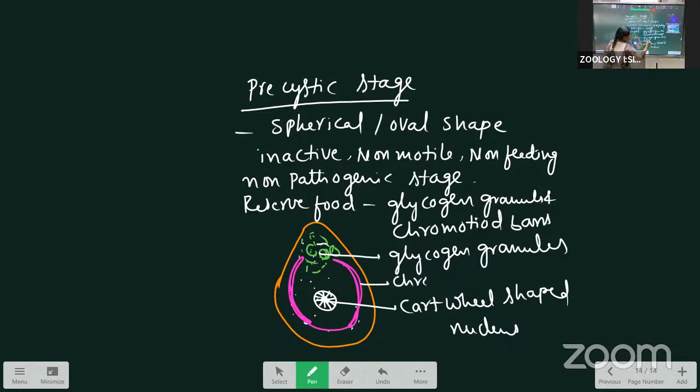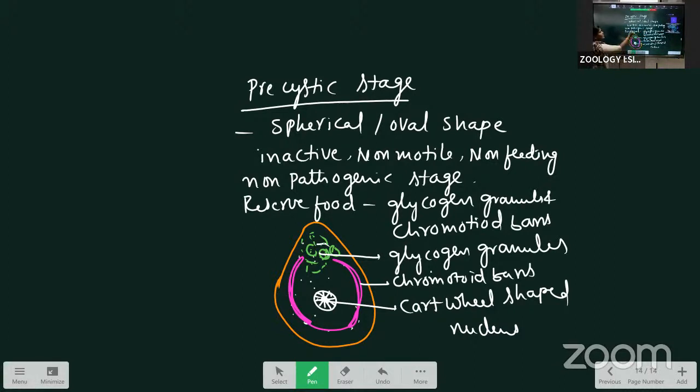Chromatoid bars. The chromatoid bars and the glycogen granules are the reserve food. This stage cannot take food. That's why it is a non-feeding and non-pathogenic stage.